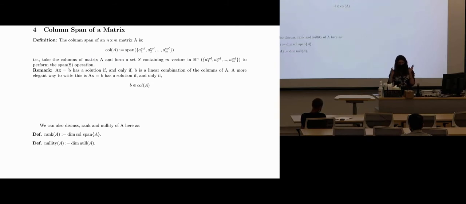So then rank becomes the dimension of the subspace, which is the column span of A. We have a set of all the columns, all the spans of A that can exist, which is the column span of A. And the dimension of that would be the rank of the matrix.